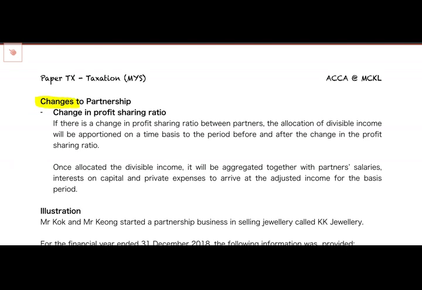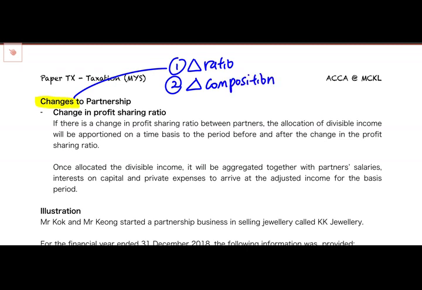Now, normally the change can be you change the ratio. Now, alternatively, you may also change the composition. So changing composition means you get more partners coming in or existing partners leaving.